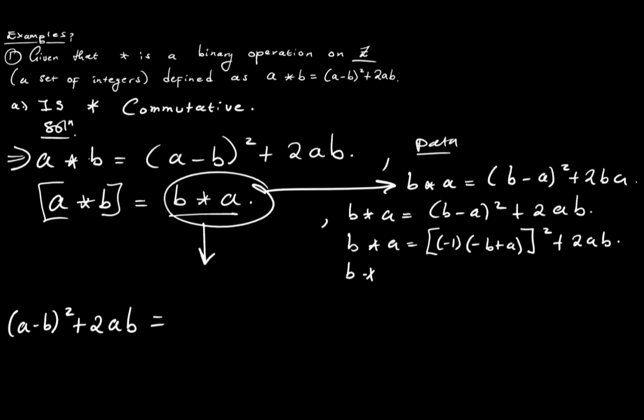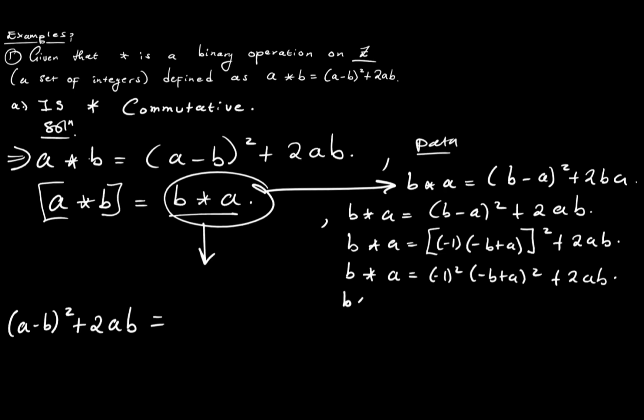Therefore, B star A is equal to, now the power will be shared with all the elements within the brackets. So this will be (minus 1) squared, then (minus B plus A) squared plus 2AB.